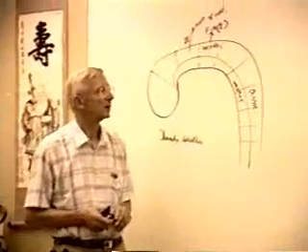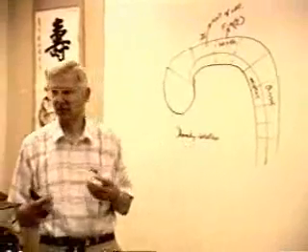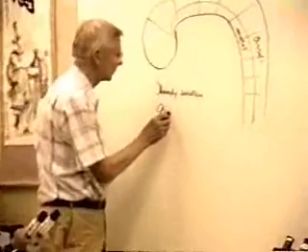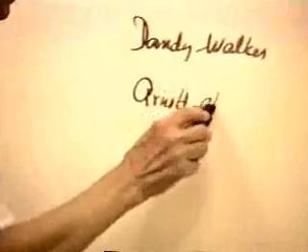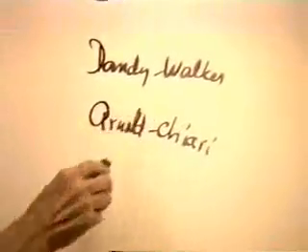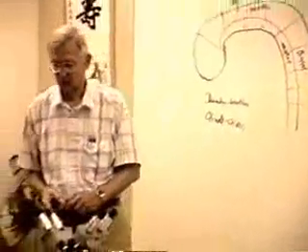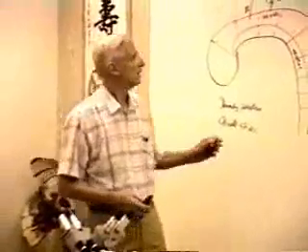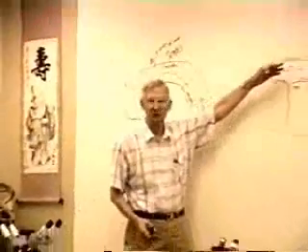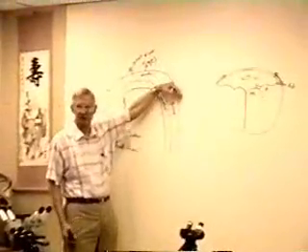The other major maldevelopment of this region is the Arnold-Chiari malformation, in which the posterior part of this 4th ventricle slides down over the cervical flexure.